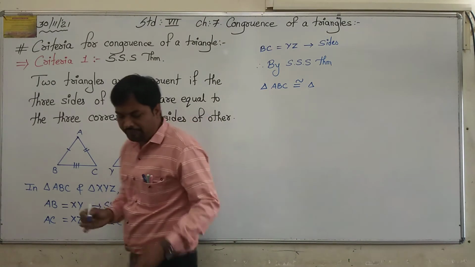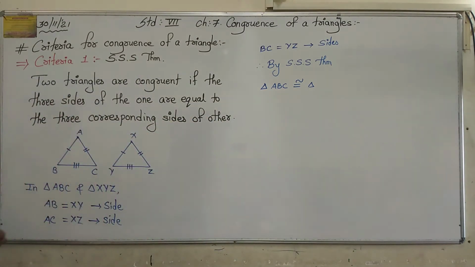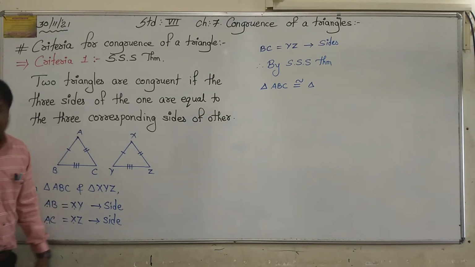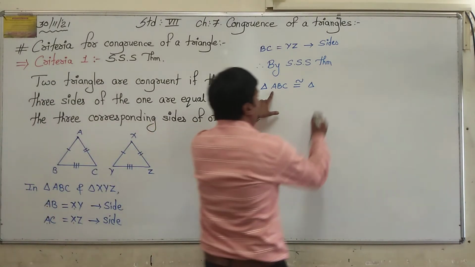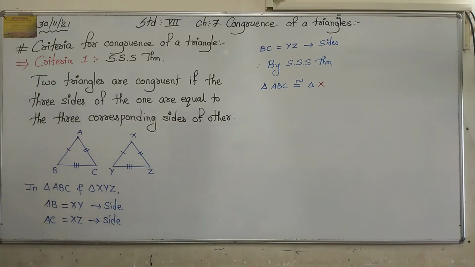Now how to write the congruency? From the statement, here you can see which vertex is common. A is common in both. For the opposite side, what is common over here? X. And wherever A, we have to write X. Got it?